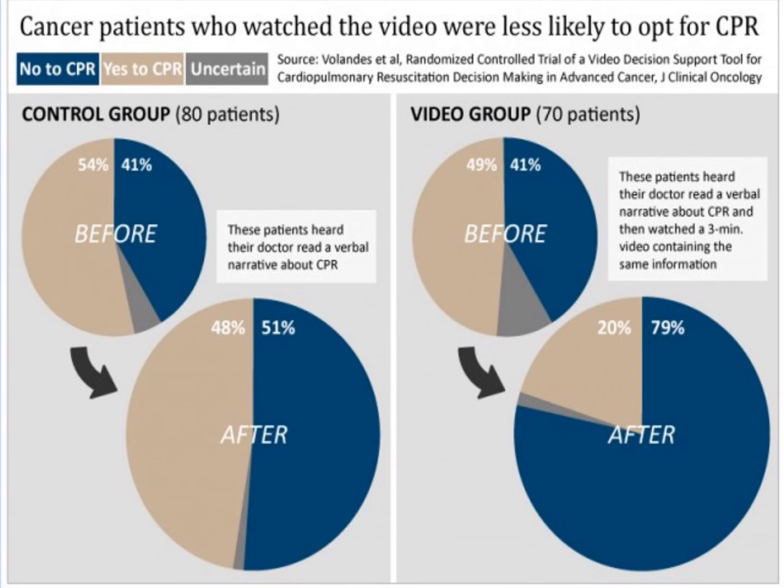So a massive 30% increase in the DNR consent rate for the people who all they did was watch a 3-minute video. So you could see that decision aids, and this is just one example, decision aids have an enormously powerful impact on the decisions that people make.